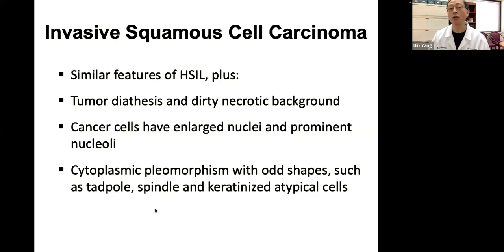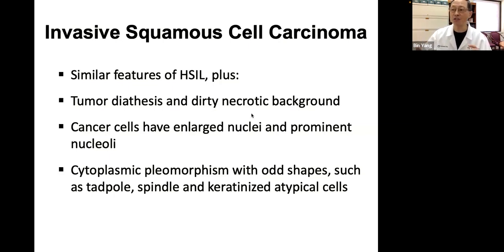Invasive carcinoma: you get all the features of H cell plus more. Number one, most important, the striking feature is you see this dirty, inflammatory, bloody background we call tumor diathesis. So that's a summary of that. The cancer cells are more pleomorphic than H cells.